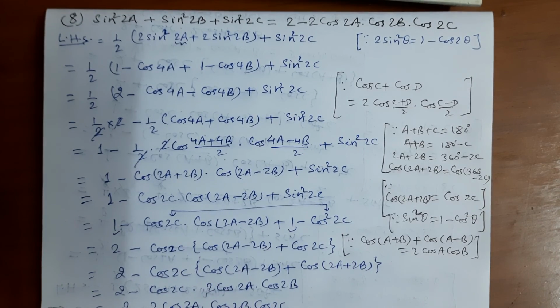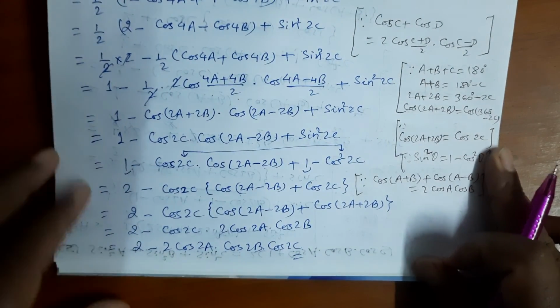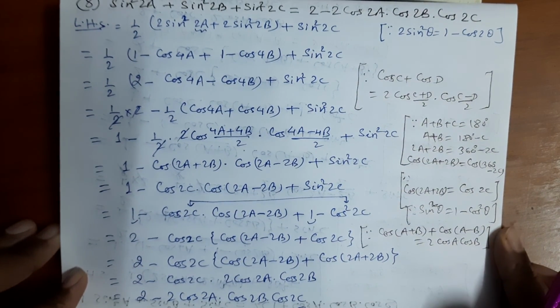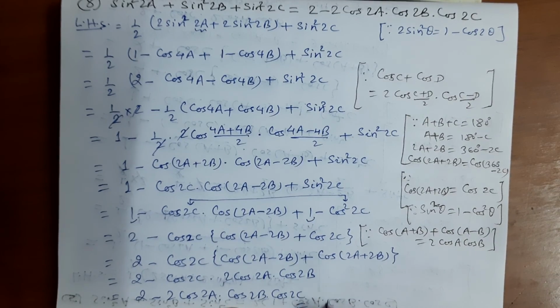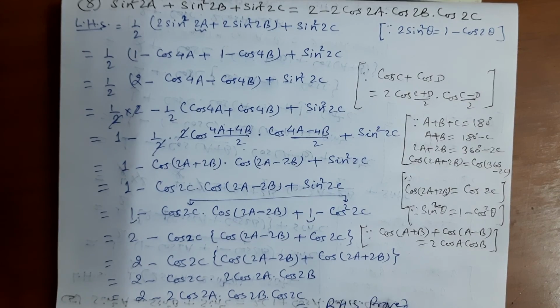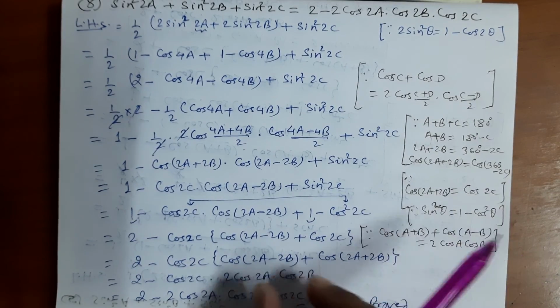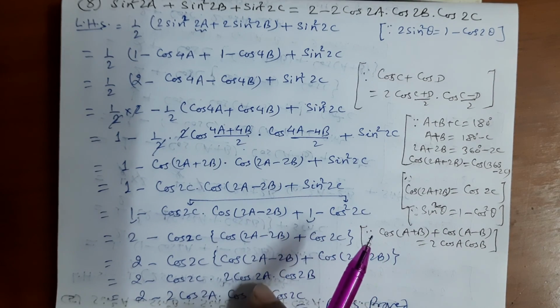This equals the right hand side, proved. So here cos(a plus b) plus cos(a minus b) is 2 cos a cos b.